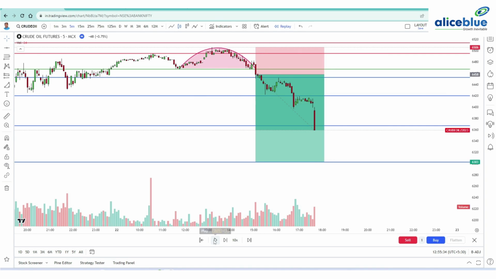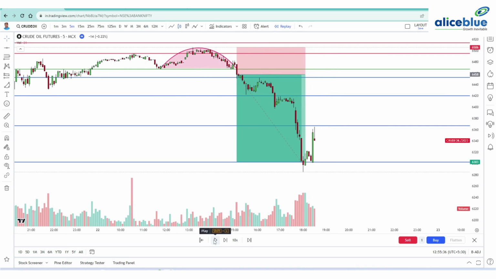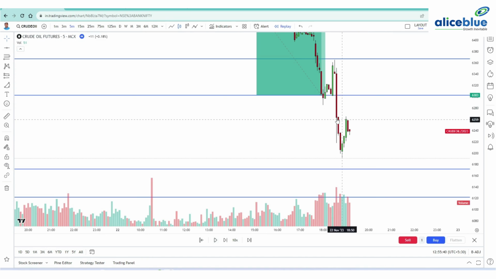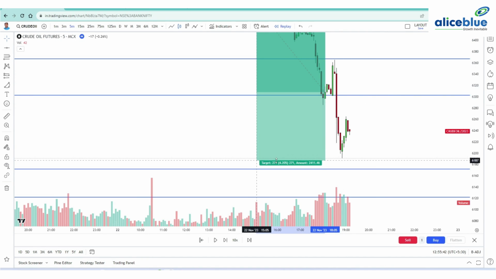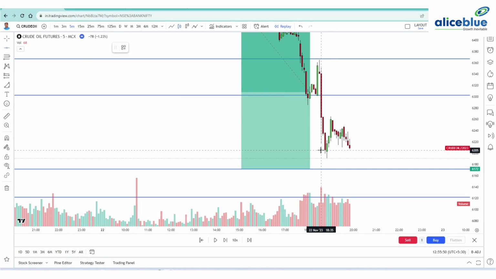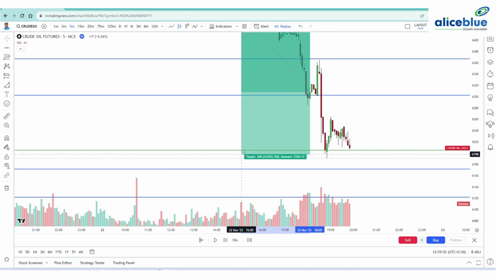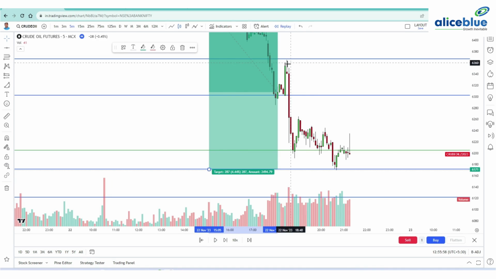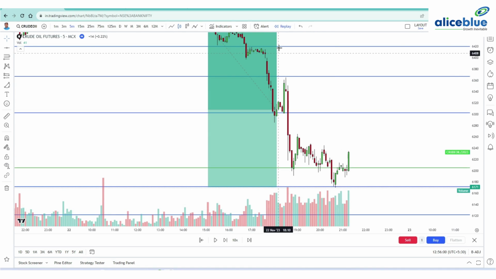Yeah, first target achieved, second target achieved, third target is also achieved, and again you can see the price is still coming downside. Fourth target, we can see whether it will be achieved or not. Here it's getting pulled back, so at this level we can understand this is our first target based on the price action. Our final target is also achieved.